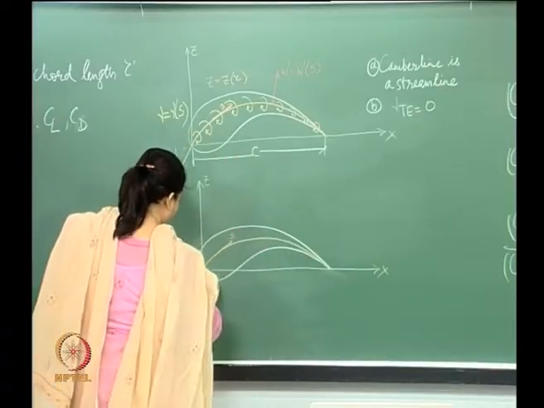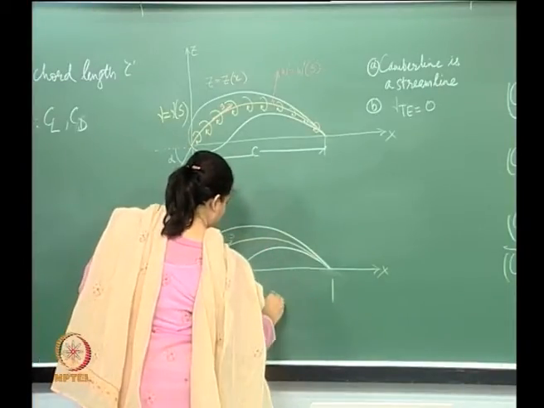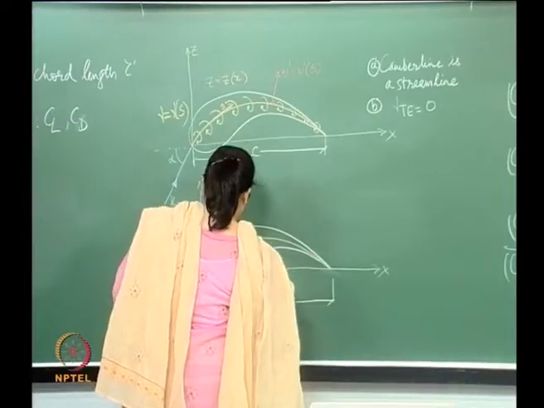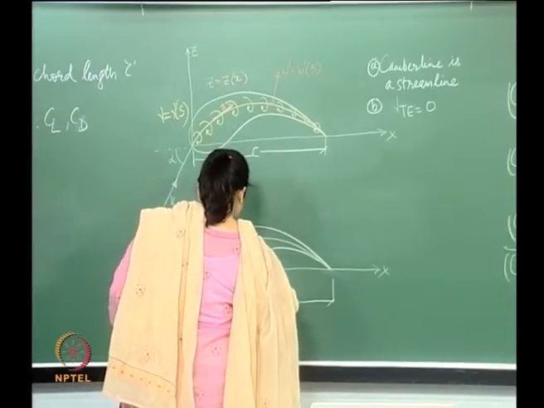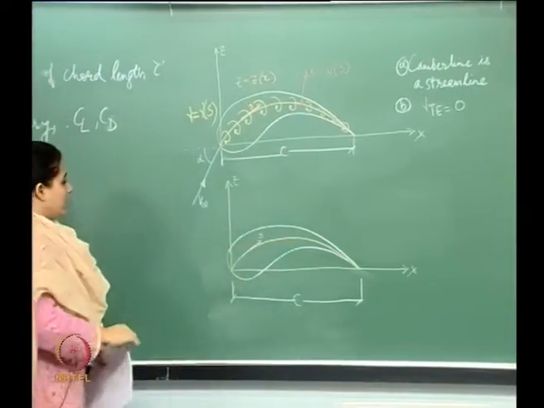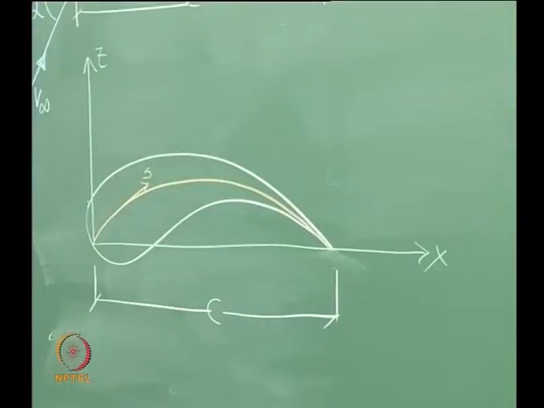Similarly this is the chord length. Now what happens if it is a thin airfoil? When we say thin airfoil, we mean that we are ignoring the thickness, that is to say this is an airfoil of 0 thickness.